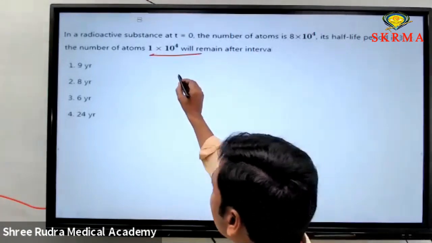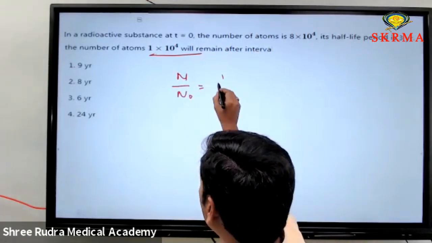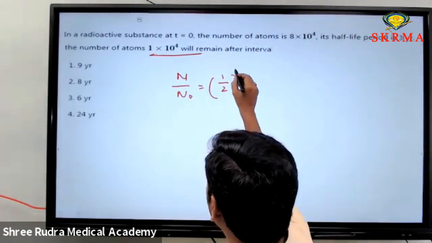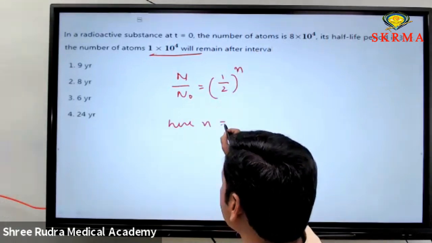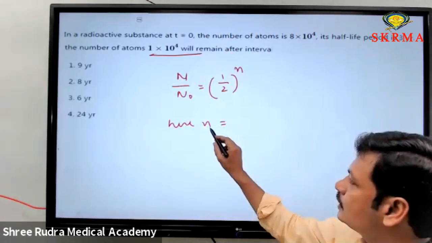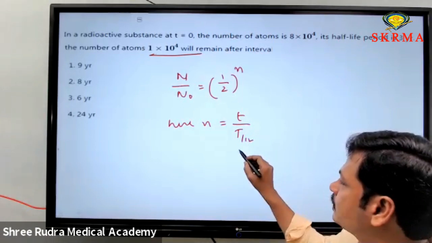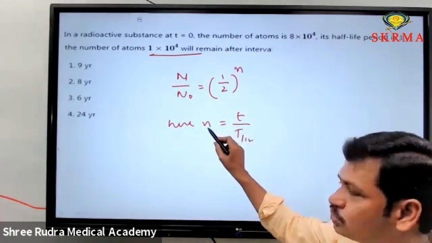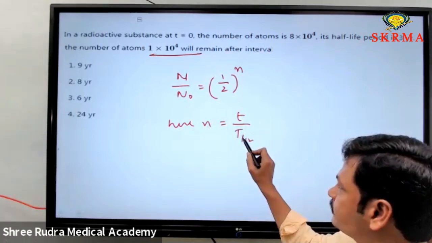The basic equation is N by N naught equals 1 by 2 whole power n, where n equals T by T half. Why? Because the total time equals n half-lives.